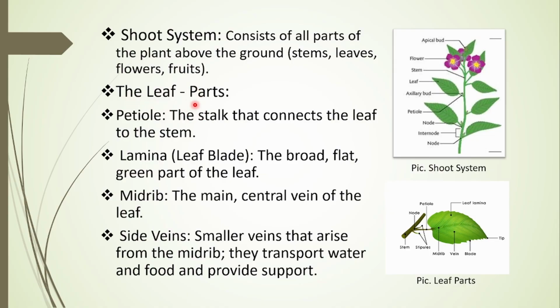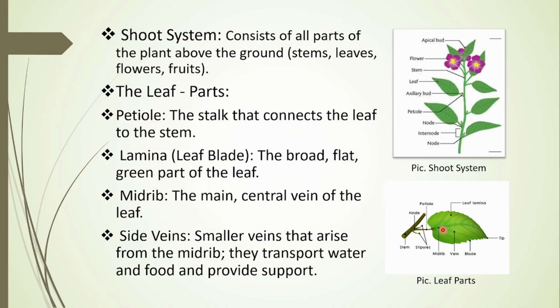What are the parts of the leaf? That is petiole, the stalk that connects the leaf to the stem. This is the petiole. It connects the leaf with the stem. Lamina, leaf blade, the broad, flat, green part of the leaf.